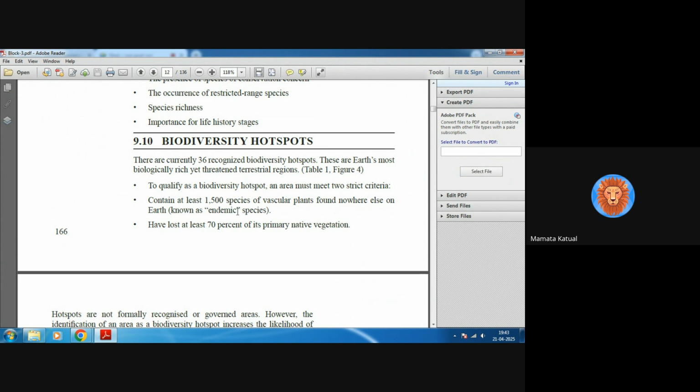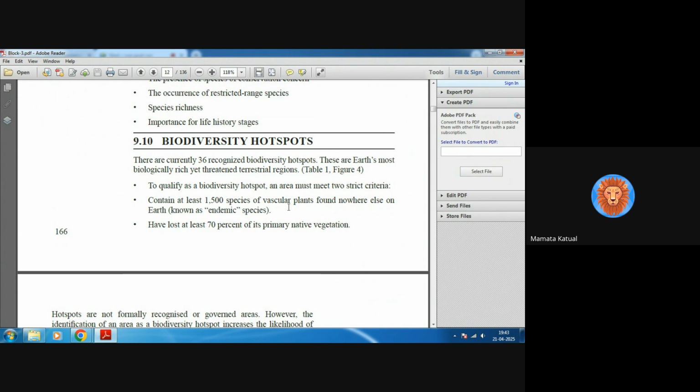That means in a hotspot there may be different types of biodiversity like plants, animals, microorganisms, and among the plants there may be bryophyta or algae or like this. But we have to study the number of the vascular plants. Vascular plants are the plants which have conducting tissue, xylem or phloem. So these are the vascular tissue. These are known as the vascular plants.